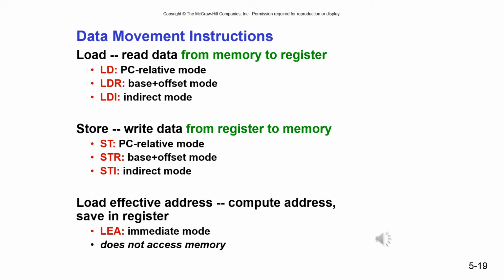Store, just like load, is PC relative to calculate the target address where we're going to store the value. STR, just like LDR, has a full 16-bit binary value that represents a 4-bit hex address plus the offset. And then STI works just like LDI, but we're going to spend a significant amount of time explaining that rather complicated addressing mode.